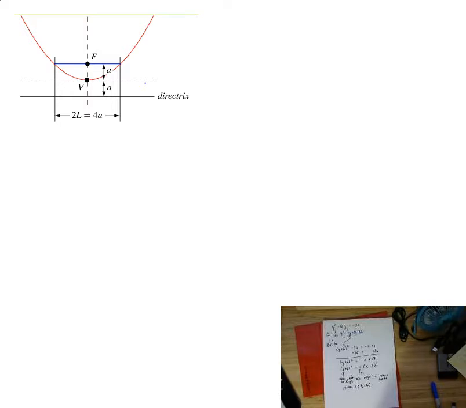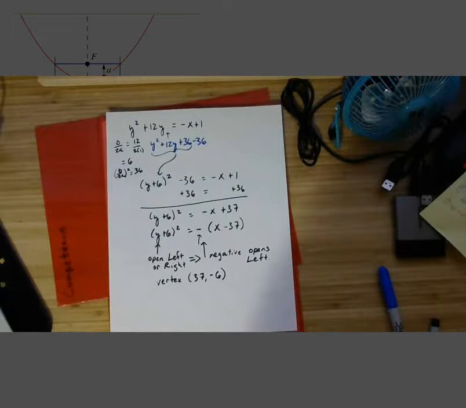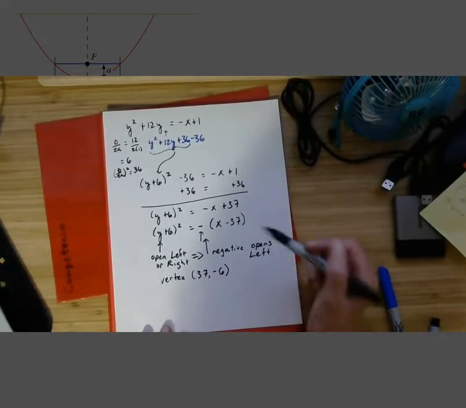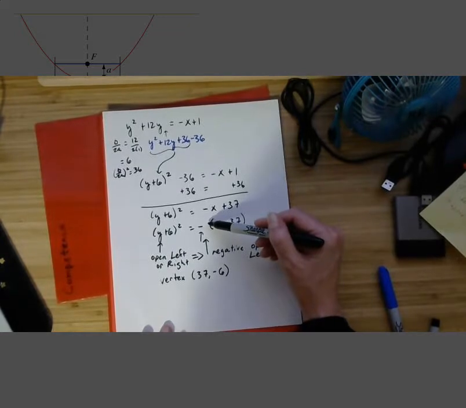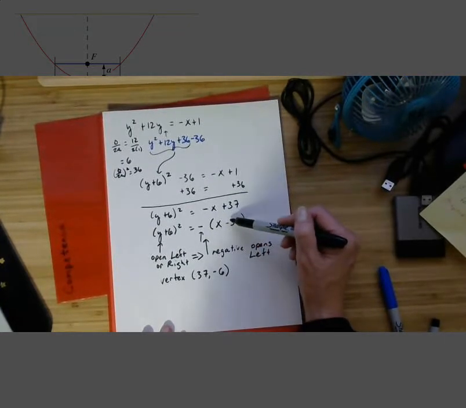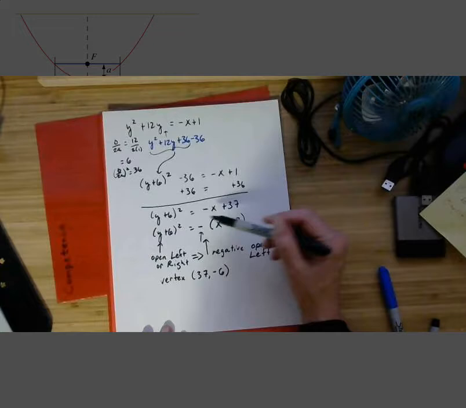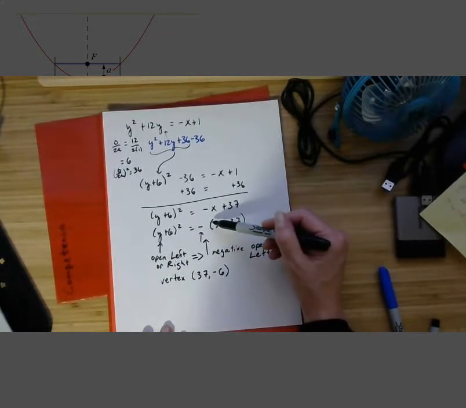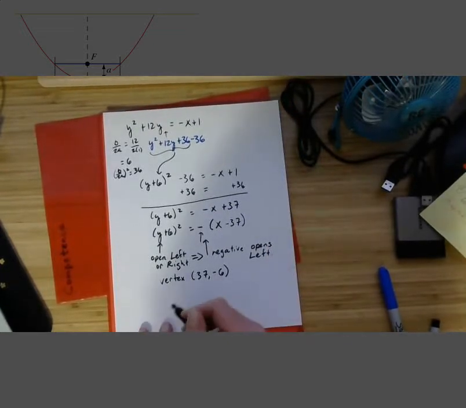Let's go back to our notes. When I'm back at the notes, the A can be found from the coefficient in front of the non-squared term. So because it's the y that's in the binomial square, it's the other side that will give me the A or the P value depending on your textbook.